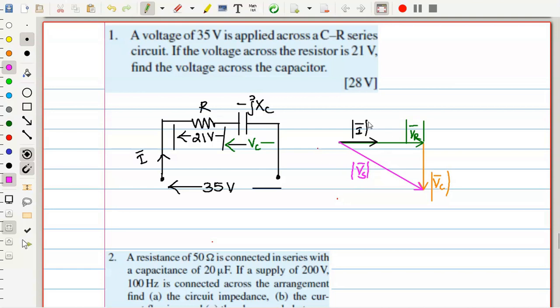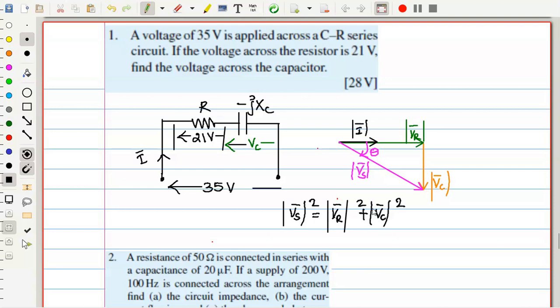Now again, from simple principles, this is also a right angle triangle. So can I put things like this, as we had seen? Vs magnitude square, the hypotenuse, is equal to Vr magnitude square plus Vc magnitude square.